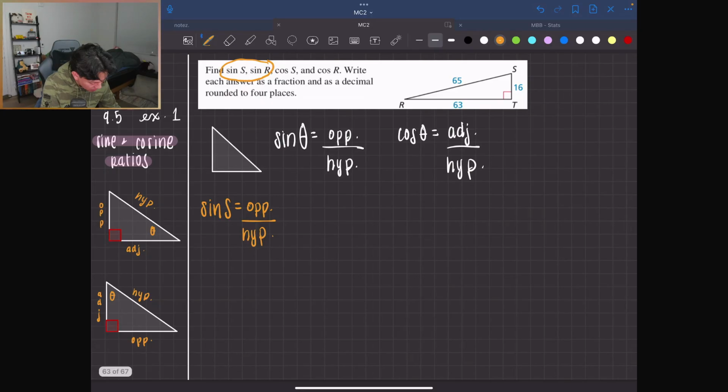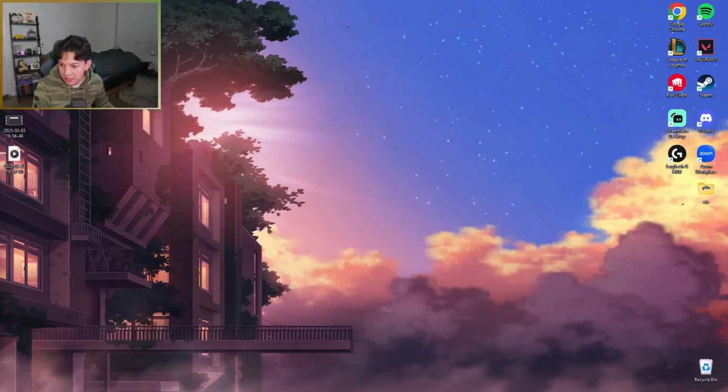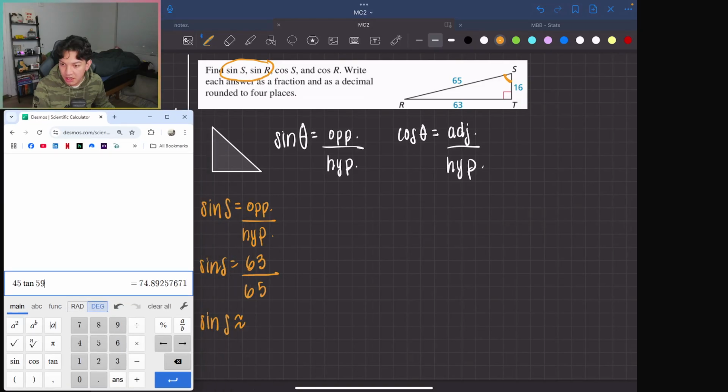So S is located right over here. So what is the side that is opposite of S? Opposite is going to be right across from it. So 63 over our hypotenuse of 65. I don't think we could simplify this, so let's just approximate this. So the sine of S is going to approximate to, let's go ahead and put this into our calculator.